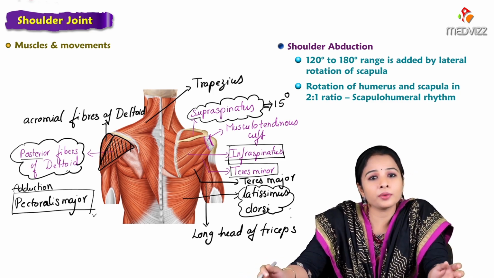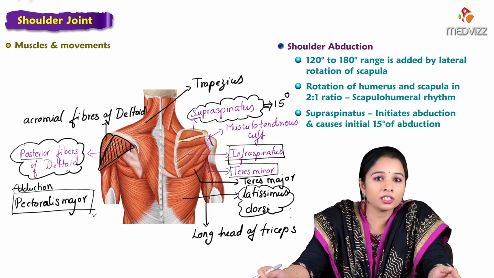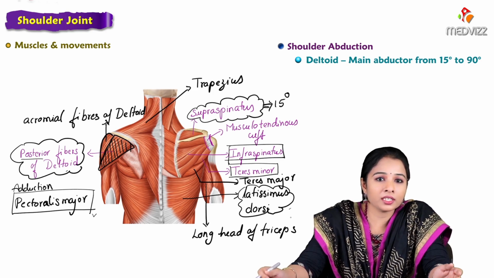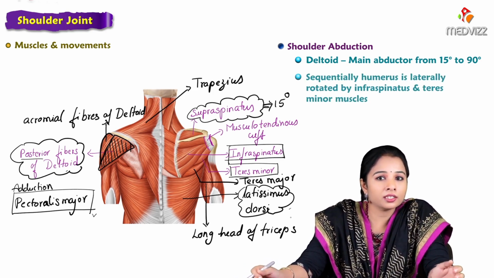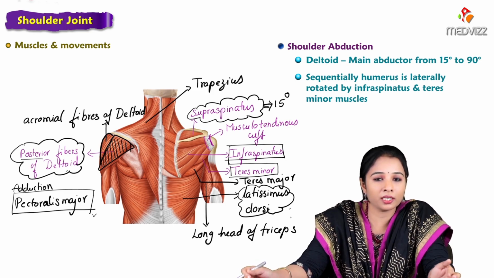So if we see the abduction, supraspinatus initiates the abduction and causes the initial 15 degrees of abduction. And deltoid is the main abductor from 15 degrees to 90 degrees of abduction. It is followed sequentially by the humerus being laterally rotated by the infraspinatus and teres minor muscle.